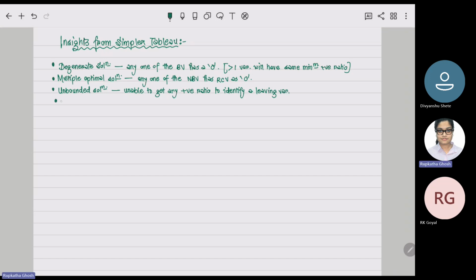And last is we have the infeasible solution. So if your optimality condition is satisfied at an iteration, but the artificial variable is still in the basis.